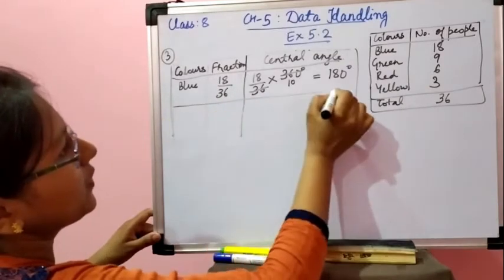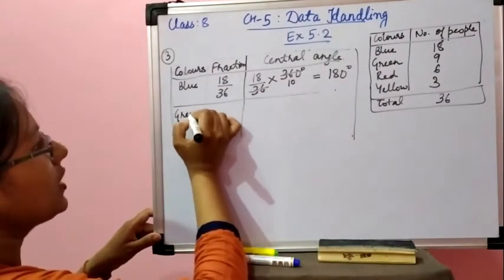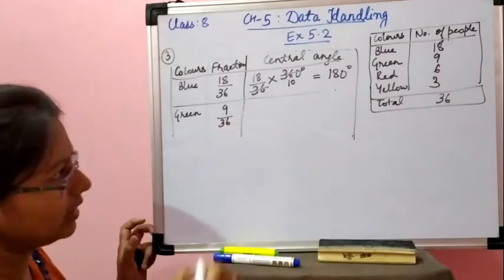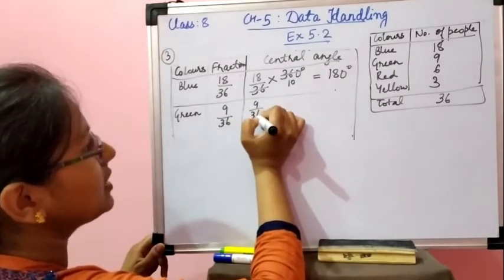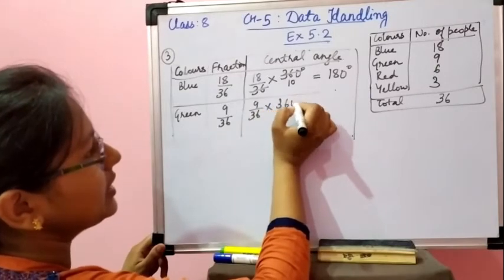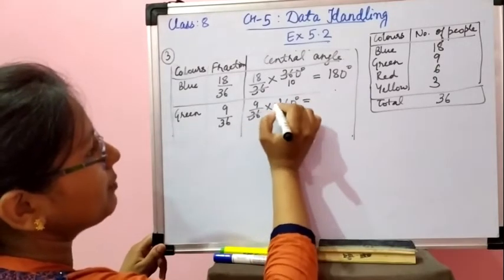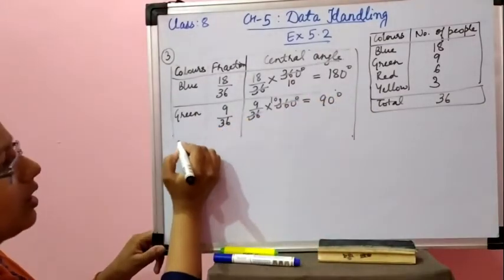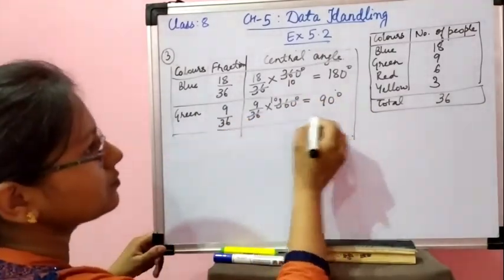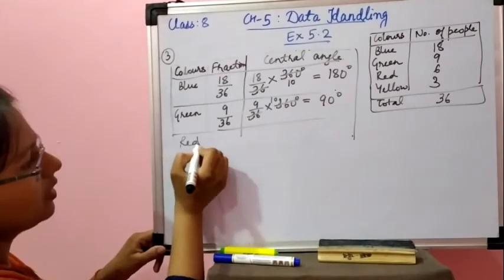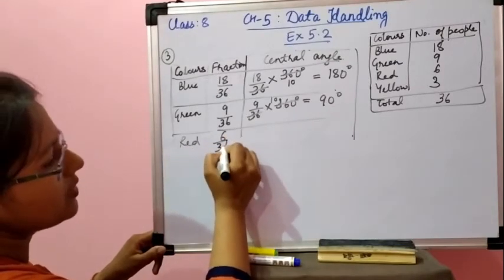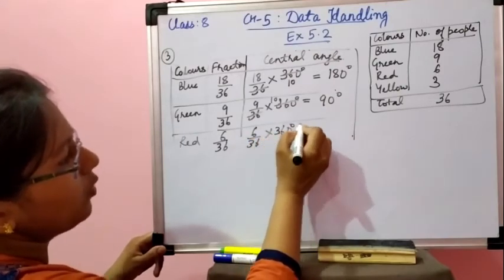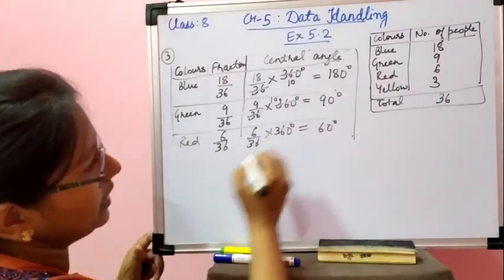Then the next color, that is green. For green, the share is 9 and the fraction will be 9 by 36. So again 9 by 36 into 360 degrees. It will simplify to 10, so 90 degrees. Then for red color, 6 upon 36, 6 upon 36 into 360 degrees. What will we get? 60 degrees.